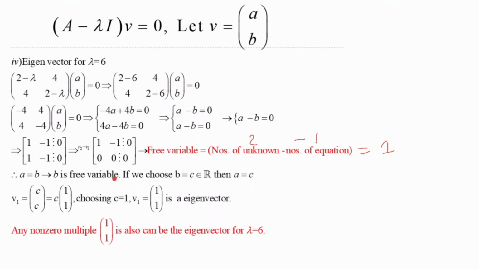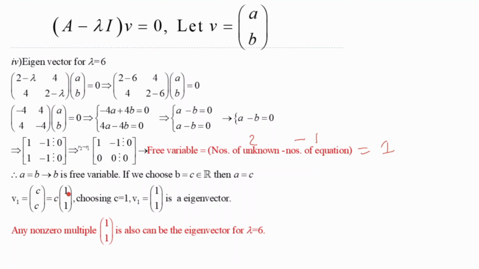Free variable means we can choose any real number. So we choose b equal to c, where c is a real number. Then we can say that a also equals c. That means we can write the vector v1 equal to (c, c). When we take c common, we get (1, 1). So we can choose any real number for c.